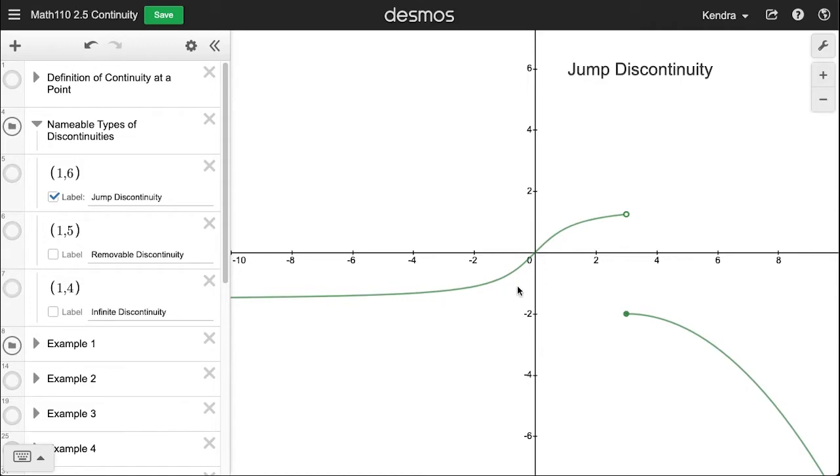So here, it looks like the limit as x approaches 3 from the left is somewhere around 1, and the limit as x approaches 3 from the right is like -2. But then the output value at x equals 3 is -2. So this function would be continuous from the right, but not continuous from the left at x equals 3.